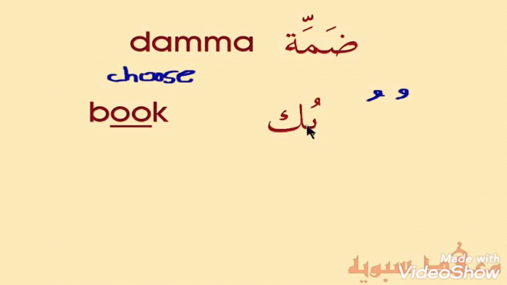We have here the ba with a dhamma, followed by the kaf, which has the k sound. So here it's pronounced as book. This letter alone with the dhamma would be bu. So book. Similarly, we have the word in English put. There's a u sound that represents the sound that a dhamma makes.